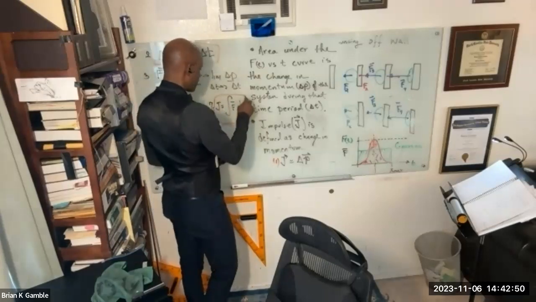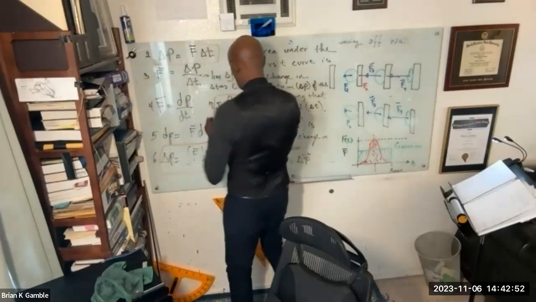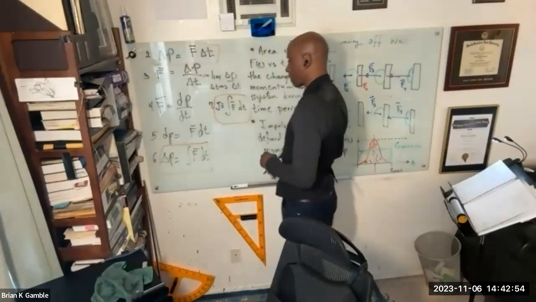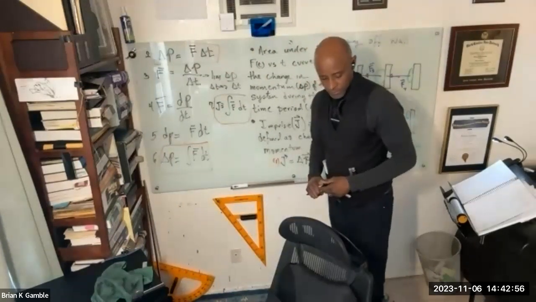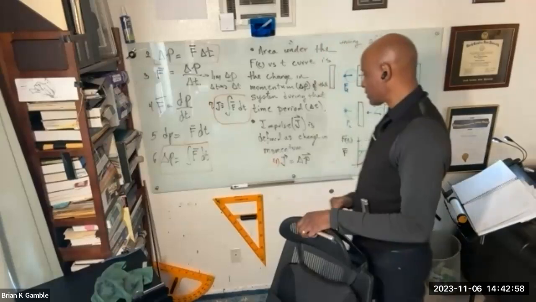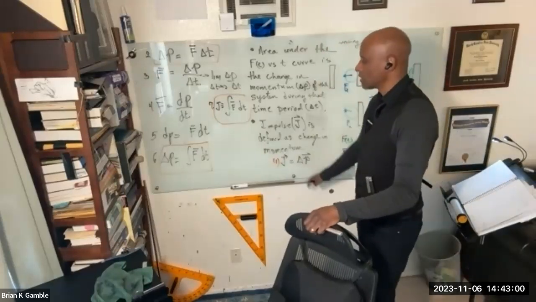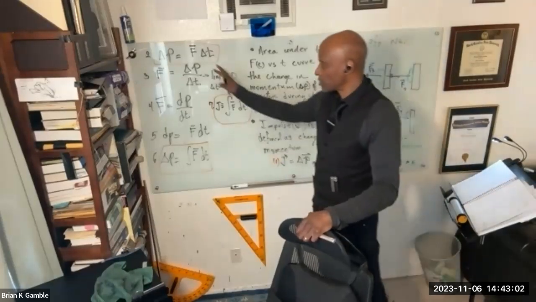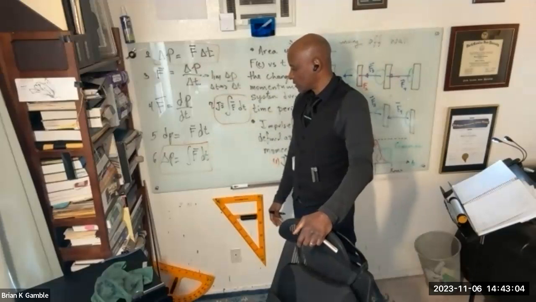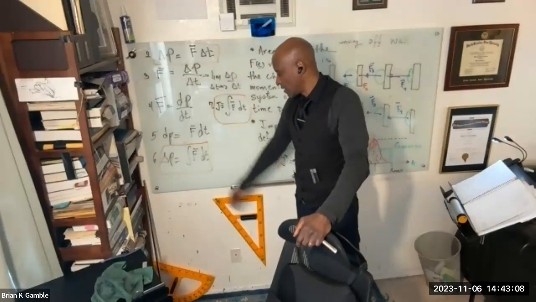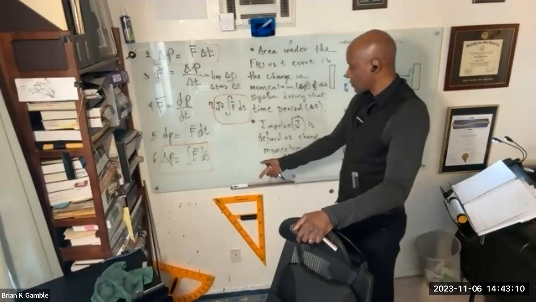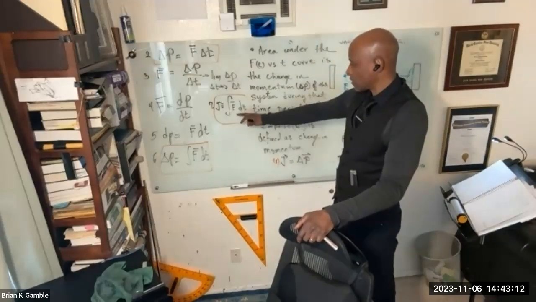In fact, you might see three equal signs there. Definition. So impulse is defined as change in momentum because of the graphical relationship between change in momentum and average force. We put those two things together, and we get this.